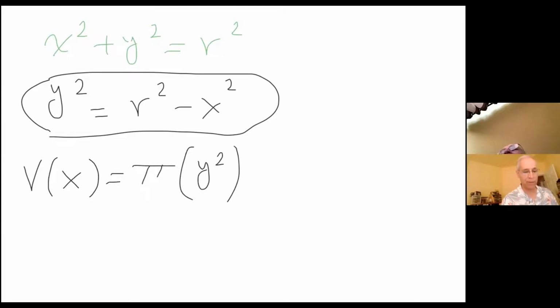What's the height of the cylinder? It's going to be 2x, because remember, x is from the bottom of our triangle, from the base of the cylinder to the middle of the circle.